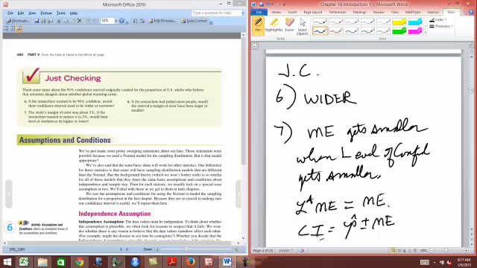So if the margin of error gets bigger, the confidence interval gets bigger. If the z star gets bigger, the margin of error gets bigger. So if you want higher confidence, you need a bigger z star. If you want less confidence, then you're going to get a smaller margin of error, and you're going to have less confidence. So, lower.